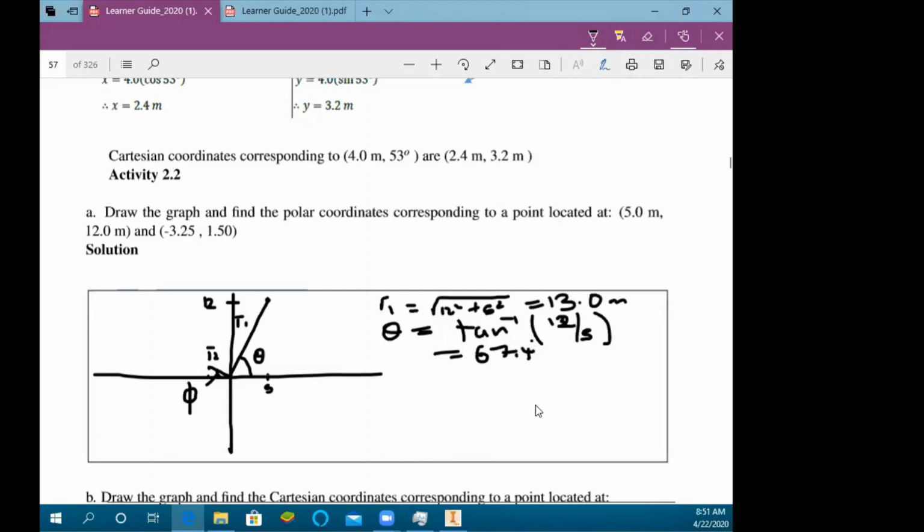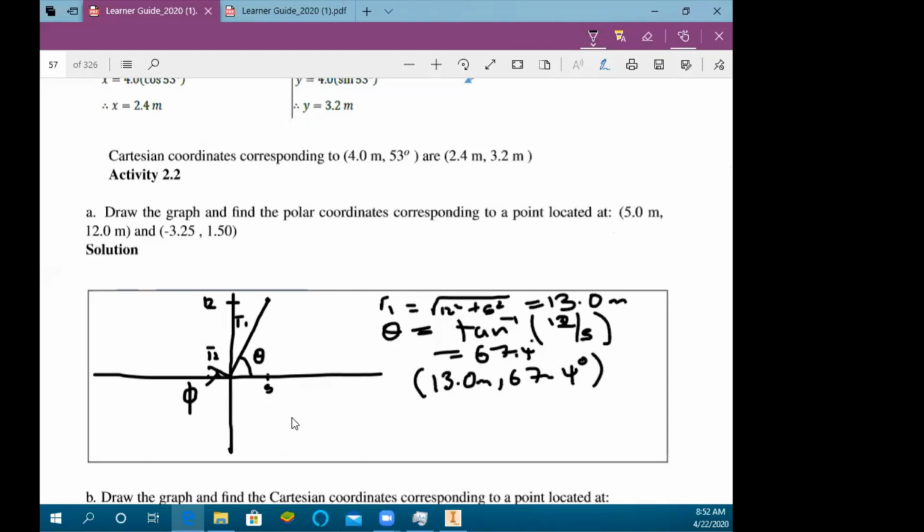So we're done with the polar coordinates of the first point. Let's write them properly now. It's 13.0, 67.4 degrees, right? This is the first part.